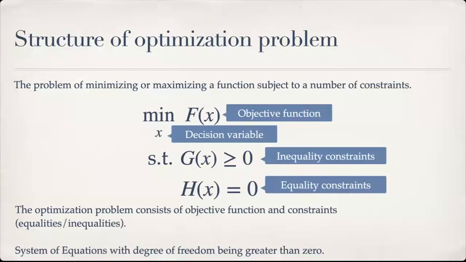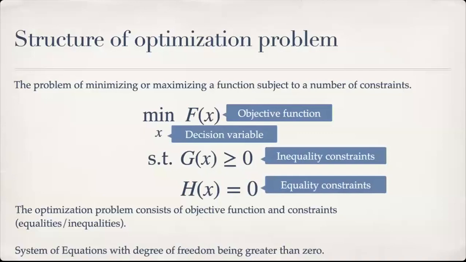But the most important thing for an optimization problem is that we need an objective function. In some cases, you don't have constraints. It's all right, no problem. However, if you don't have an objective function, we have a problem, because it's not an optimization problem.